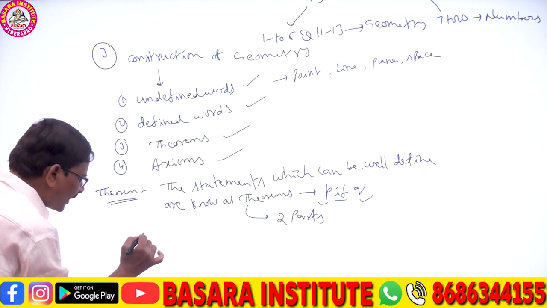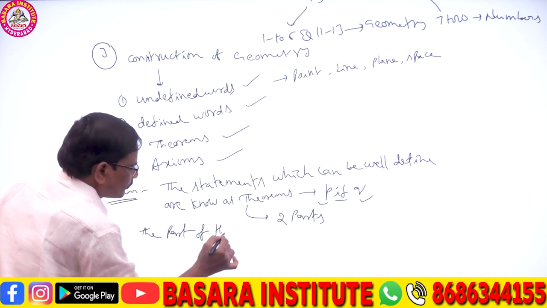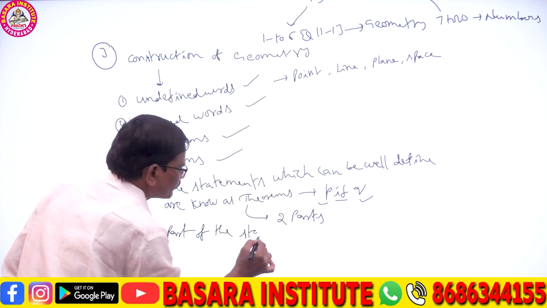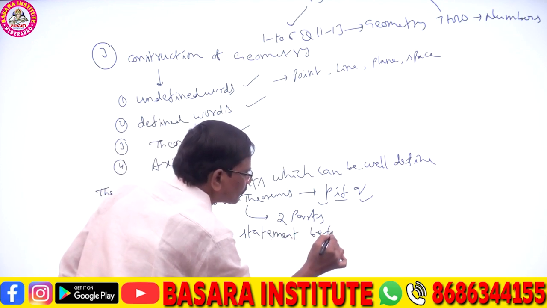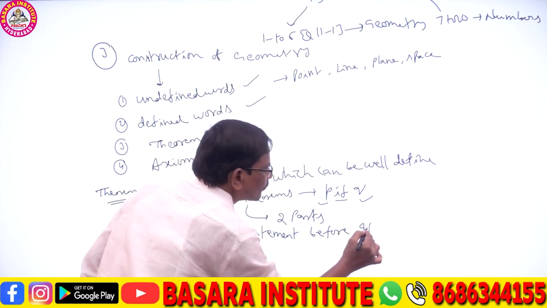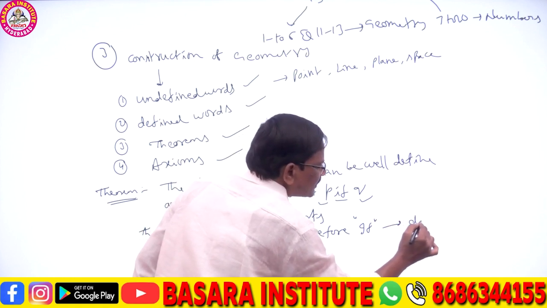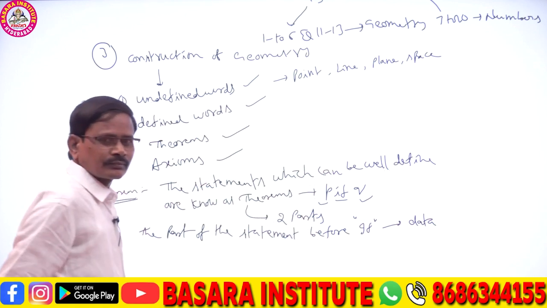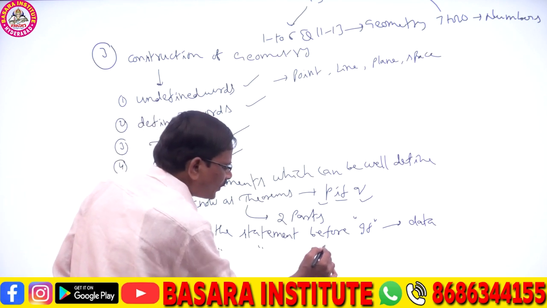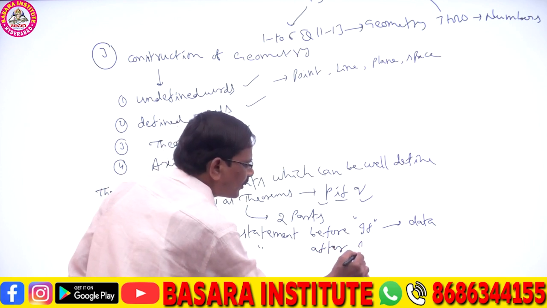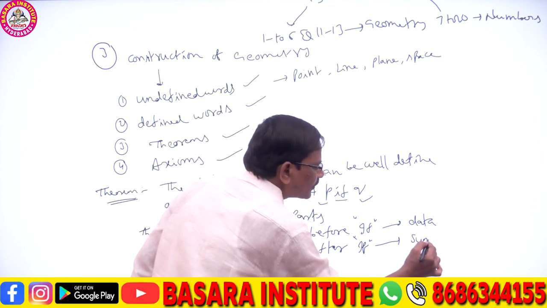The part of the statement before if is known as hypothesis or simply data. At the same time, the part of the statement after if is known as abstract or summary.